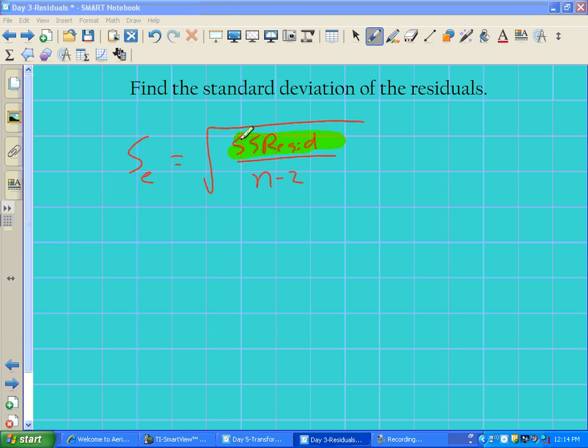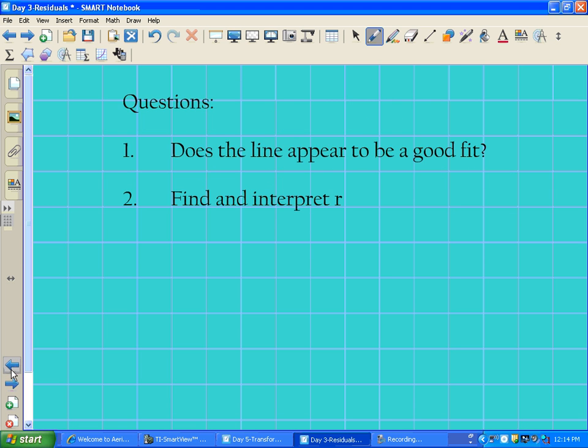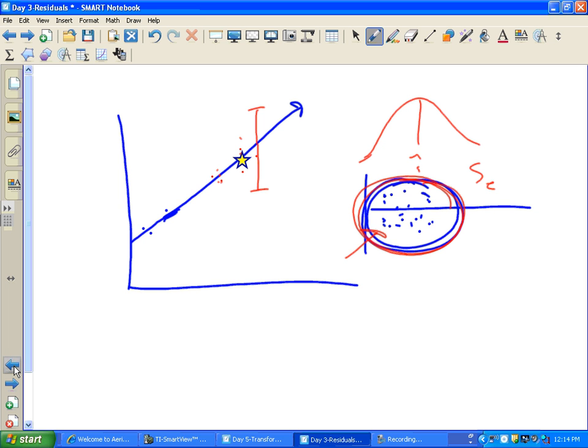Normally, it will be reported to you. You just need to be able to interpret it and know what it's talking about. If you see the picture that I'm hopefully painting, it will very much help you interpret what standard error is. And that's the thing that I'm going to expect you to be able to do: interpret standard error.